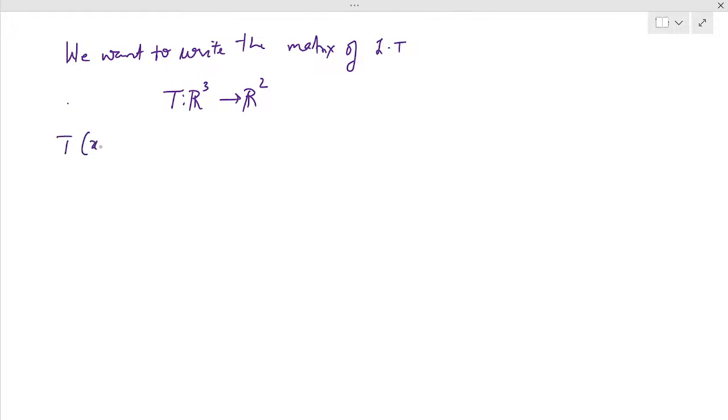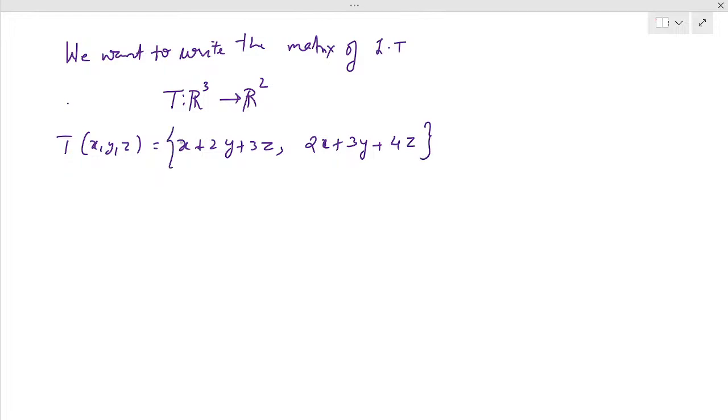And let's say T of (x, y, z) is given by (x plus 2y plus 3z, 2x plus 3y plus 4z).